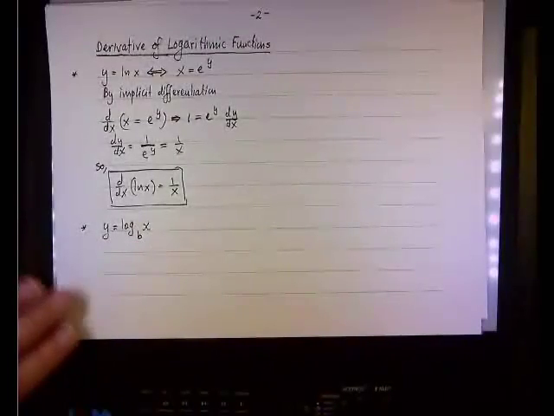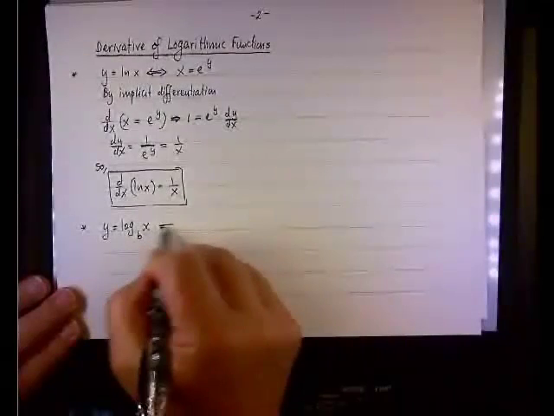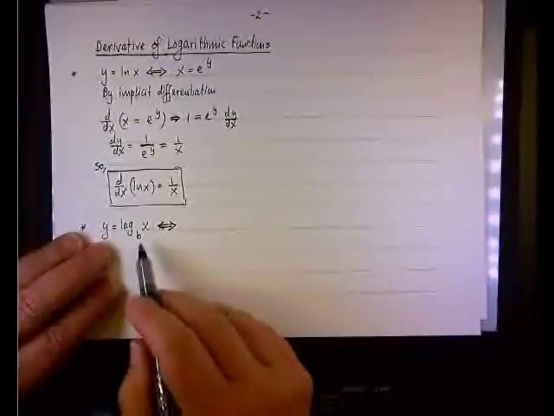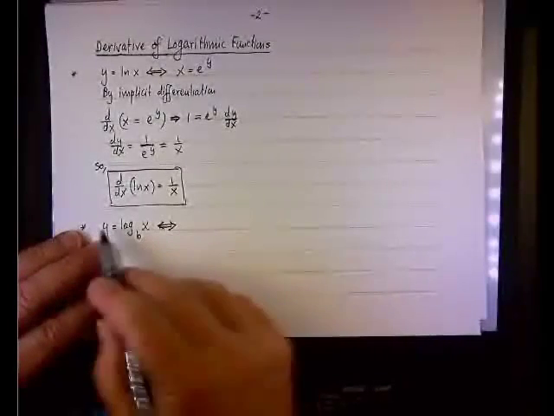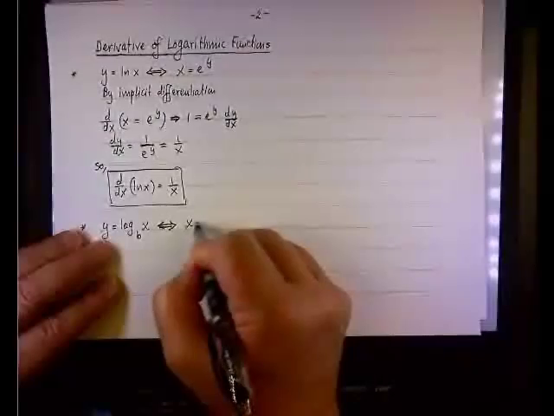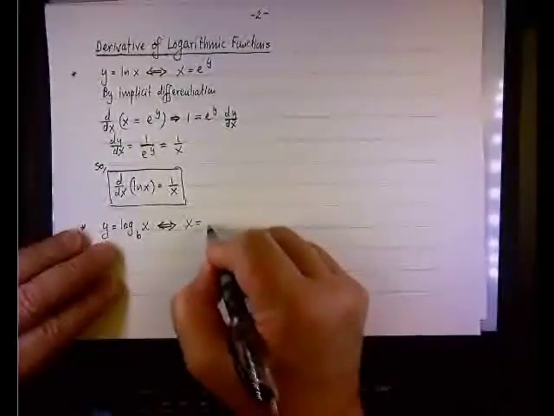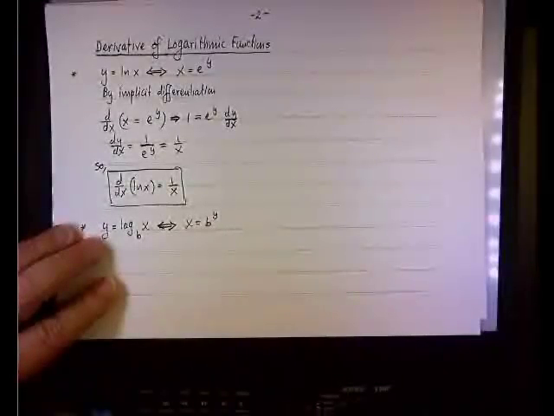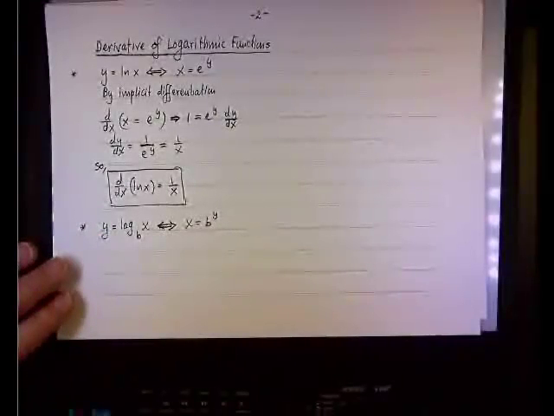We need that too. So again, I'll go to the definition of the logarithm. It's the same as b to the power of y equals x, so x equals b to the power of y. Remember, the logarithm returns the power of the exponent.